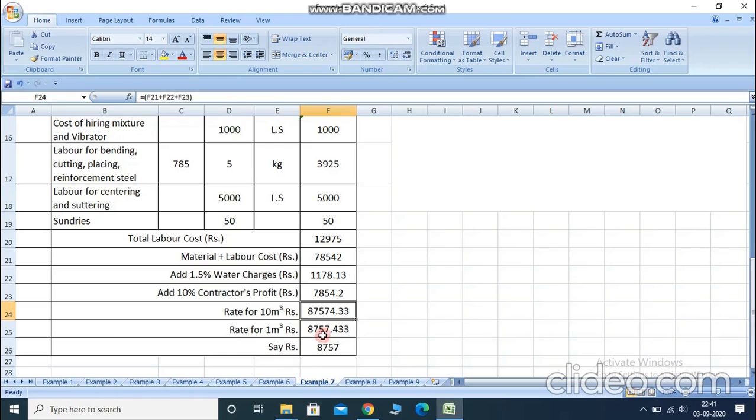So we got the rate for 1 meter cube, and rounded off it is 8,757 rupees per meter cube. The RCC work rate is calculated.